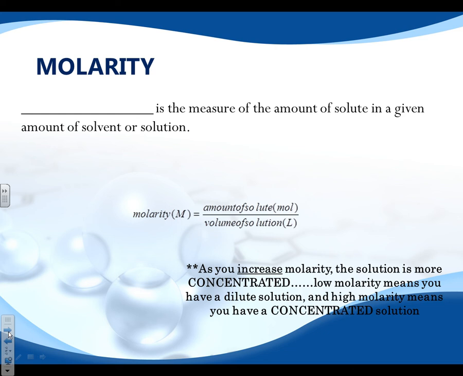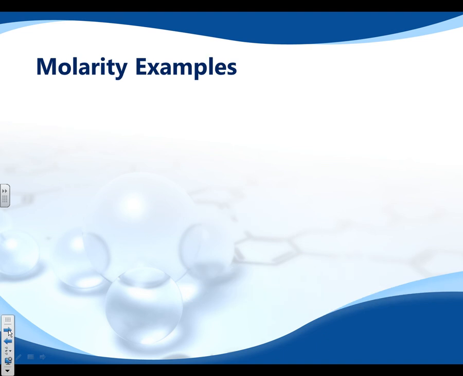So if you're in the lab and you're dealing with a 0.02 molar solution, it's a very low concentration, so it's going to have a low molarity. If you're dealing with a 13 molar solution, then you're dealing with a more concentrated solution, a higher concentration of solute. Now we simply need to be able to use this formula to solve these problems.